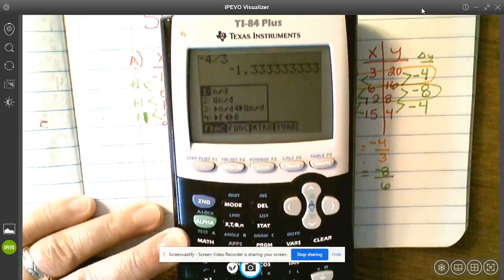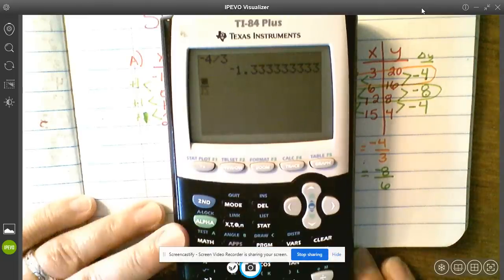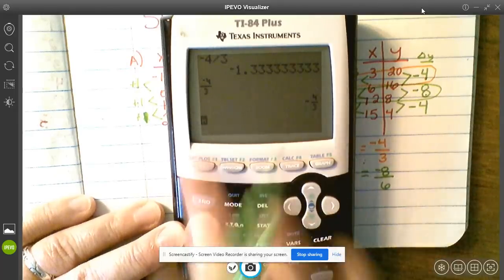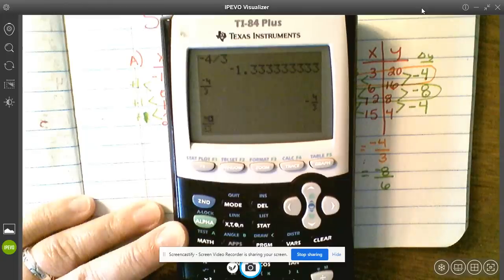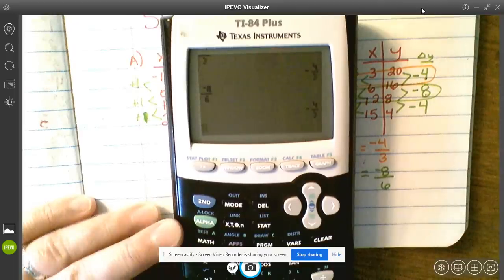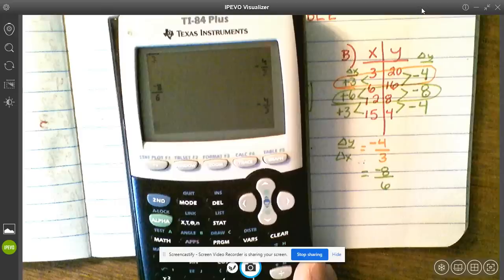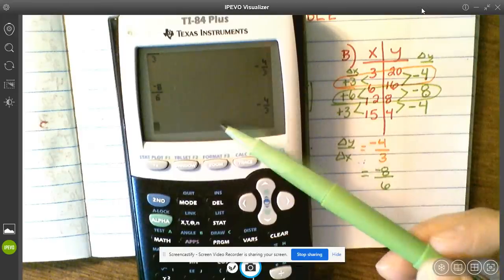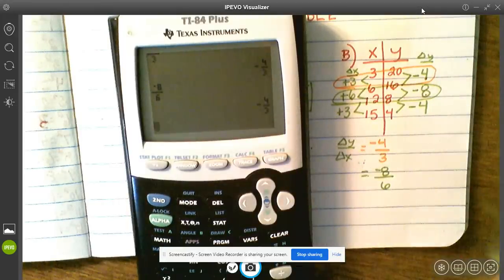Or I can use my fraction operation, -4 over 3, and what do I get? I get the same thing back. What about -8 over 6? I get the same thing. So no matter whether it's -4 over 3 or -8 over 6, I still get the same thing.